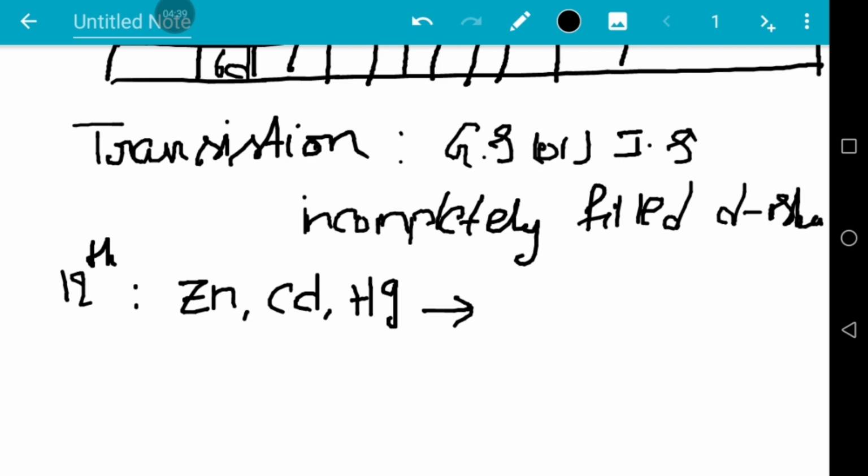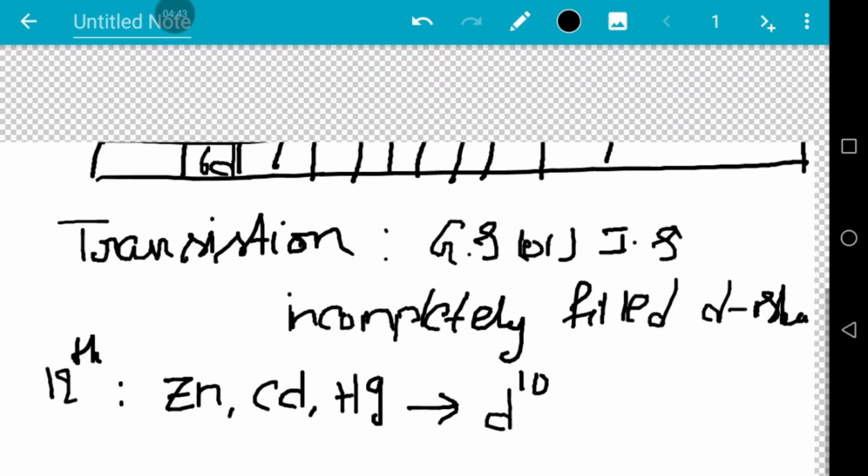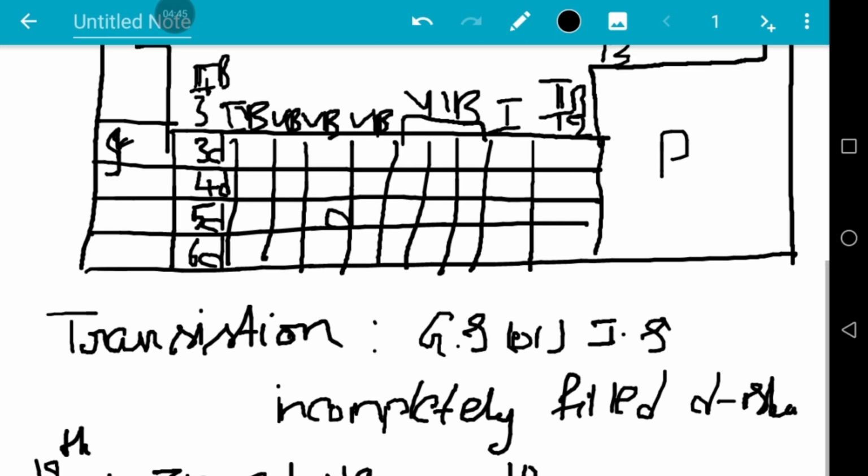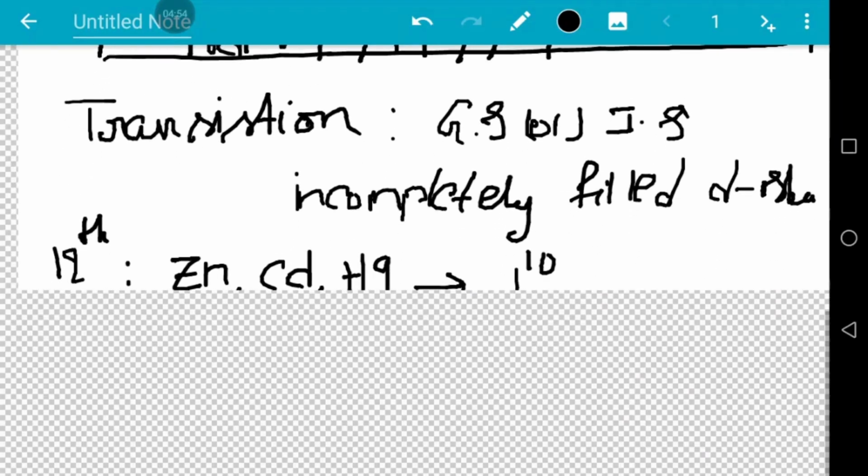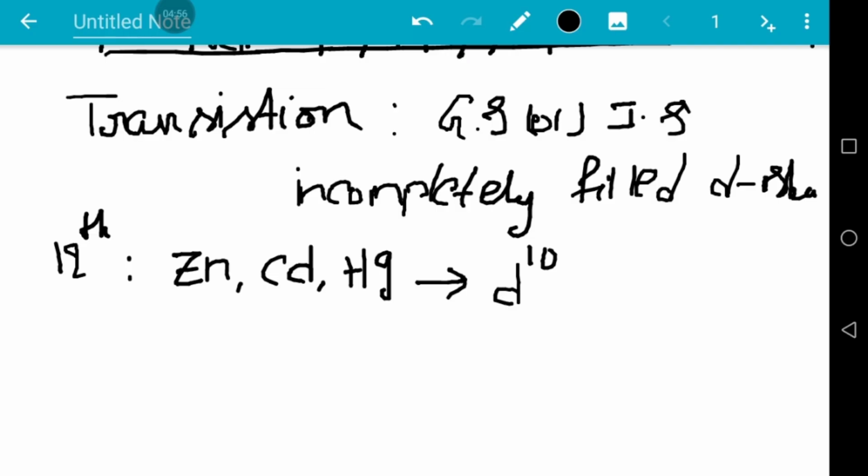So the 2B group elements have d10 configuration, a completely filled d orbital. That's why we do not call the 12th group transition elements. Except the 12th group, all the remaining are transition elements. Only the 12th group is non-transition elements.